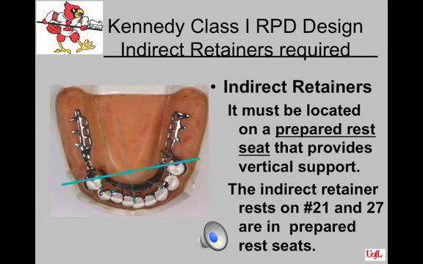So oftentimes, instead of using that number 22 or 27 canine, we move over to the mesial fossa of the first premolar. Now, we don't on number 27 because that would be too close to the distal rest on that tooth, and our rule does say to try and separate the spacing between our indirect retainer and the fulcrum line as much as possible.